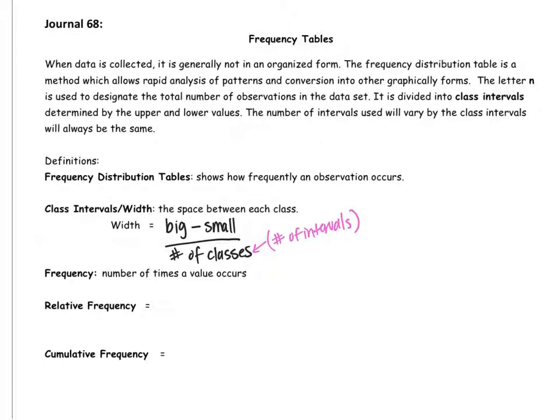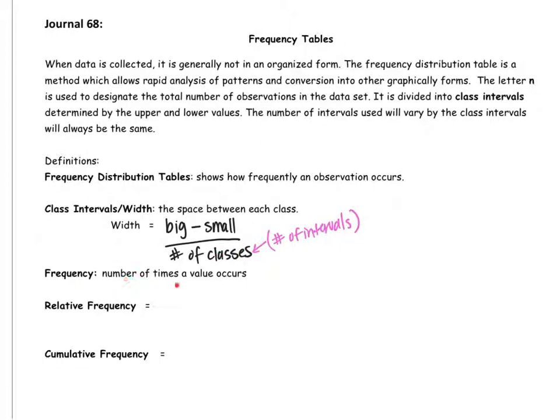So put that in commas. And I'll show you what this means when we get to the next slide, when we're using our example. So class intervals tell us how big or how much space we should give each interval, okay?